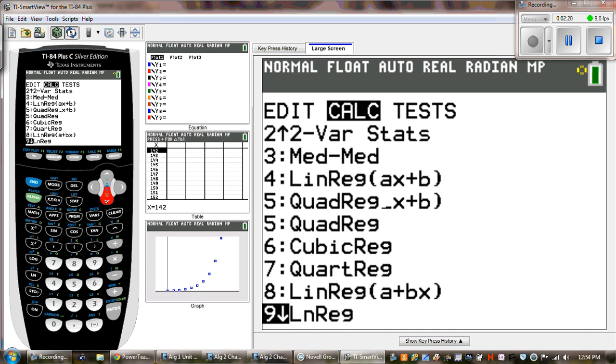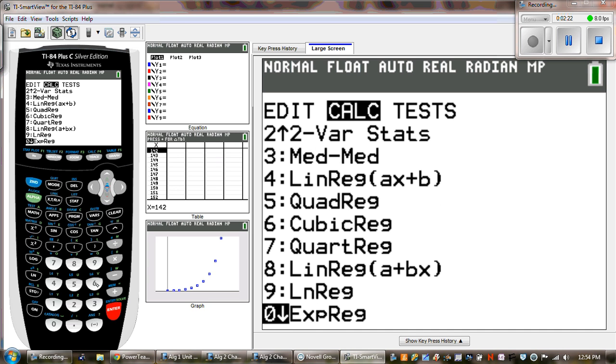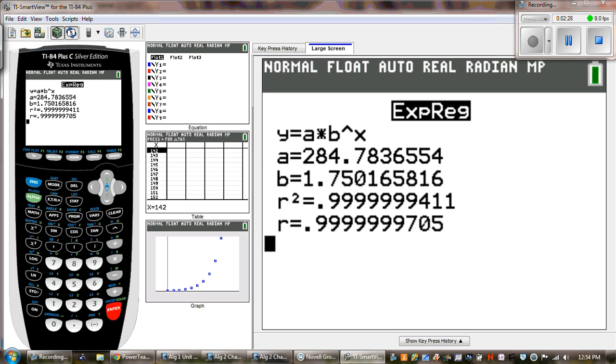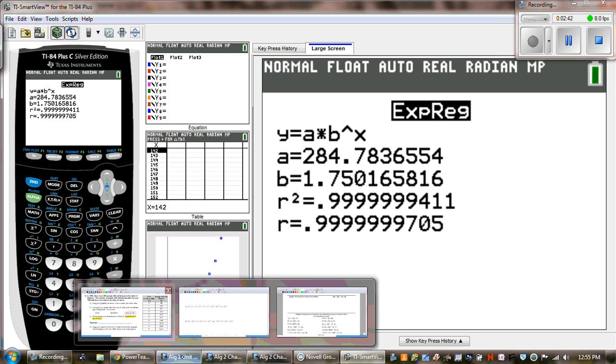So, exponential regression, and then hit enter. Okay, so we're going to round this to the 5th decimal. I'm going to start writing it down. If you need to, pause it right now.